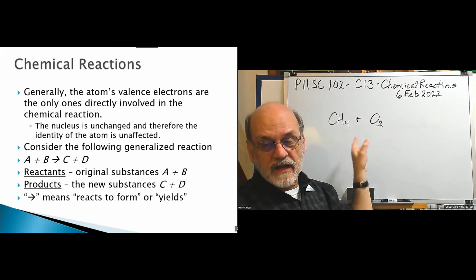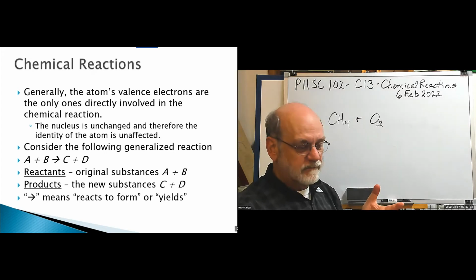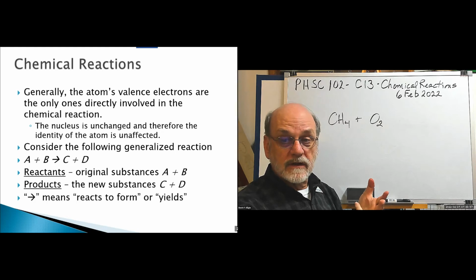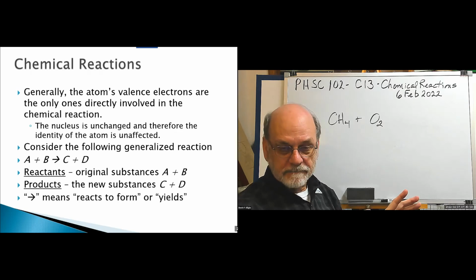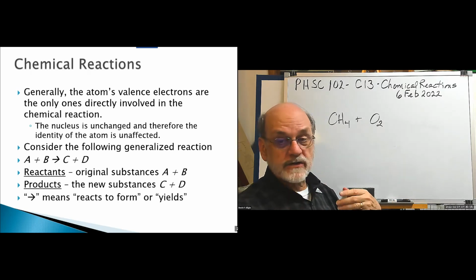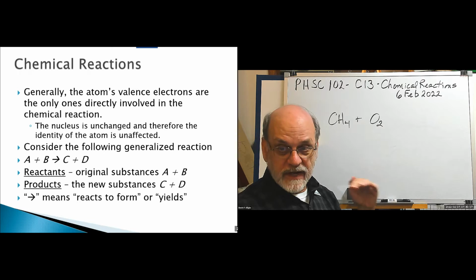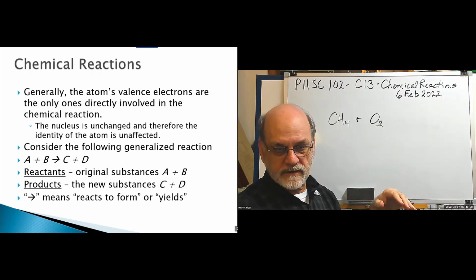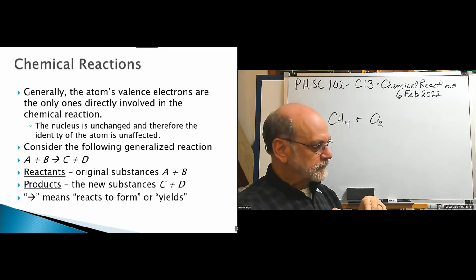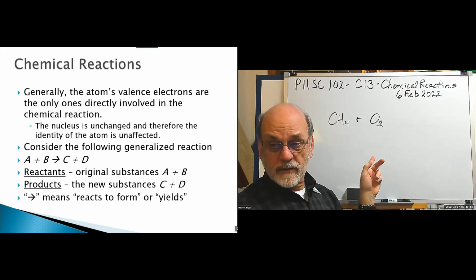It's one of those diatomic elements: hydrogen, oxygen, nitrogen, fluorine, chlorine, bromine, iodine. They're all diatomic elements under conditions of 1 atmosphere pressure and room temperature, 25 degrees Celsius being the standard.